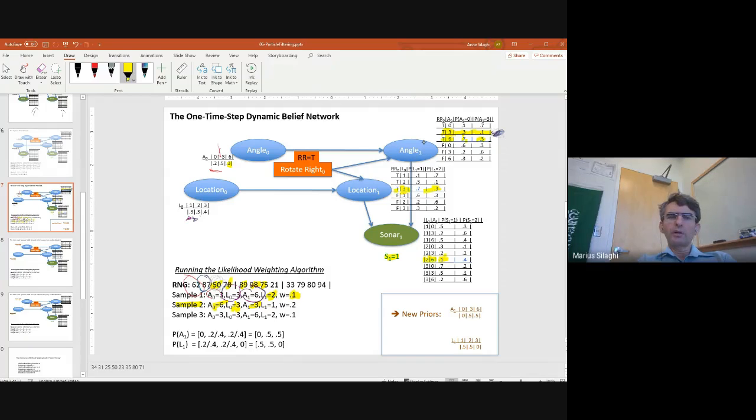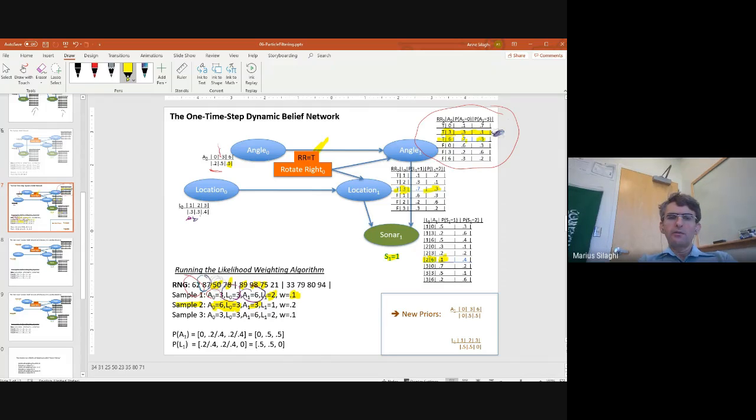So what you are looking at, you know its parents, right? Because we have samples. So its parents are angle 0.6 and location 0.3. This is what we have computed and sampled so far. And now we are using the random number 75 to sample angle 1. We know that the action was rotate equals true, right? So we go to the row in the conditional probability table for angle 1, and we go to the entries for rotation action true and angle equals 6, the one that we have sampled so far in sample 2.